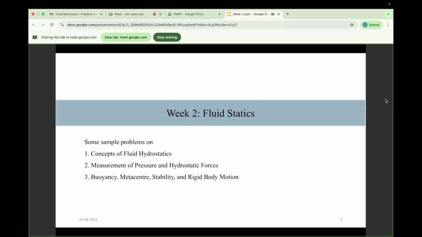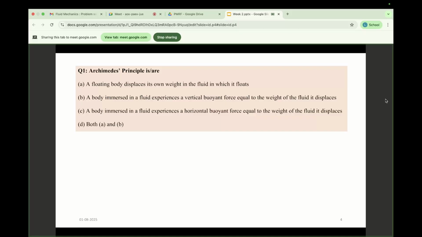This concept is quite necessary for ships, even when flowing through high tide, to maintain the stability of a ship. Initially the first few questions are quite simple, and after that the level of difficulty will increase. So let us start with the first question.